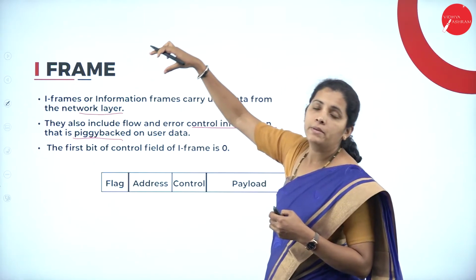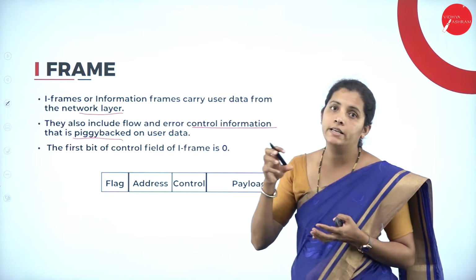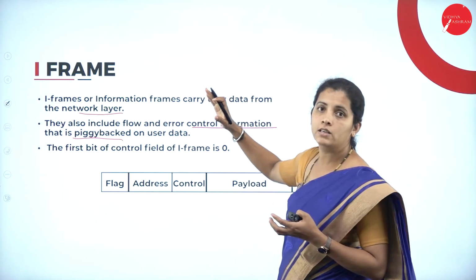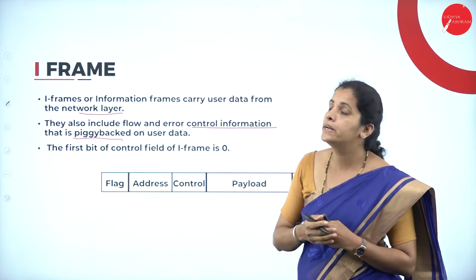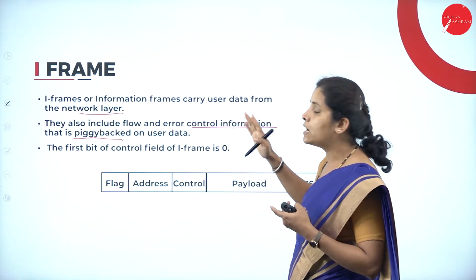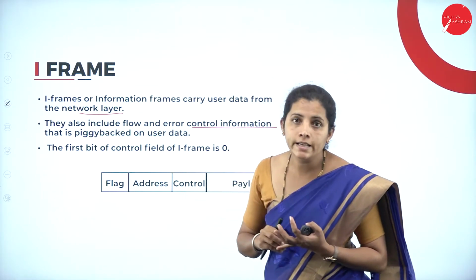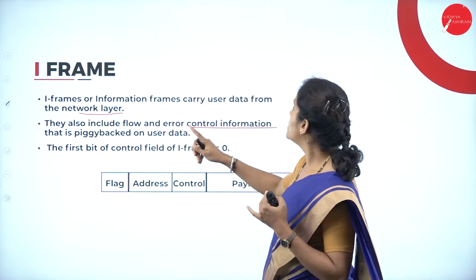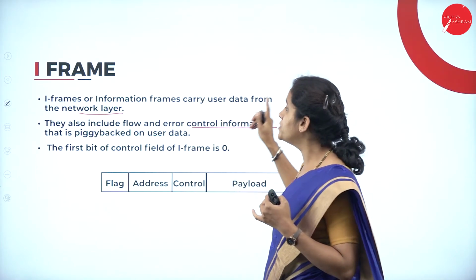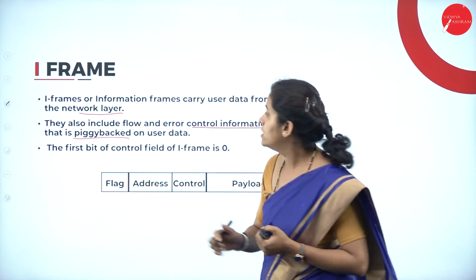An I frame is nothing but an information frame that takes data from the network layer. At the same time, it also includes flow control and error control information that is piggybacked on the user data.